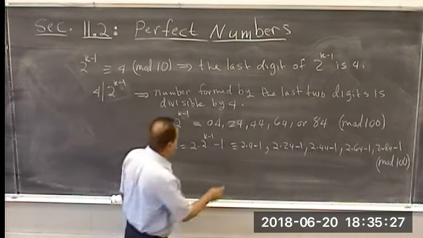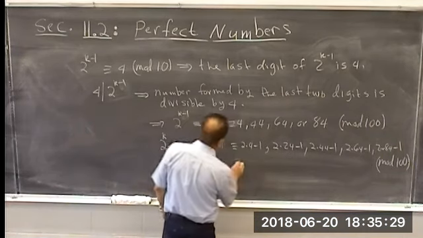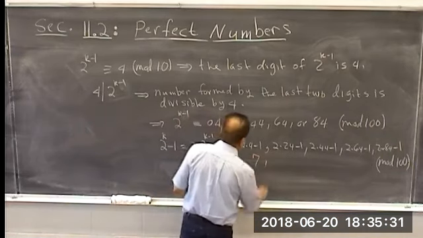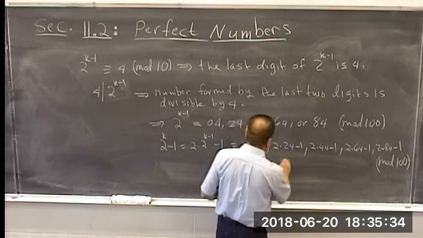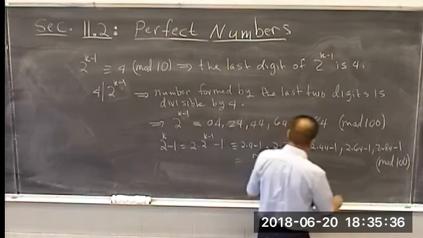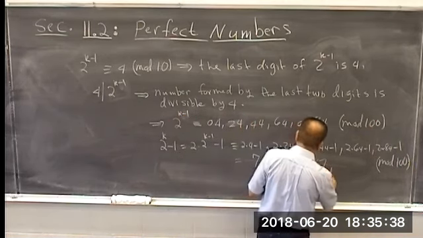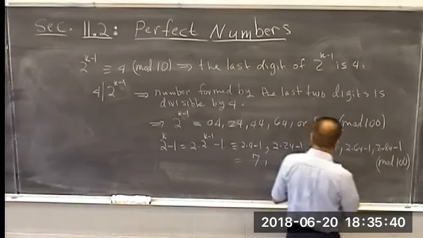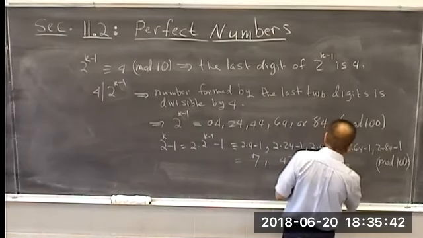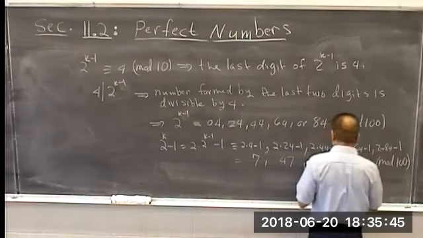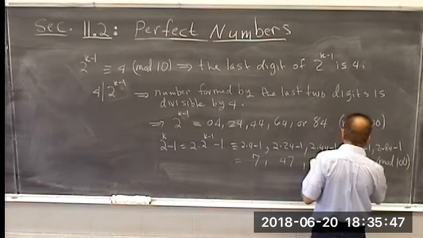And now we do all the calculation in here. This becomes 7, this one is 47, this one is 87, then we have 27 mod 100, and this one is 67, the last one.